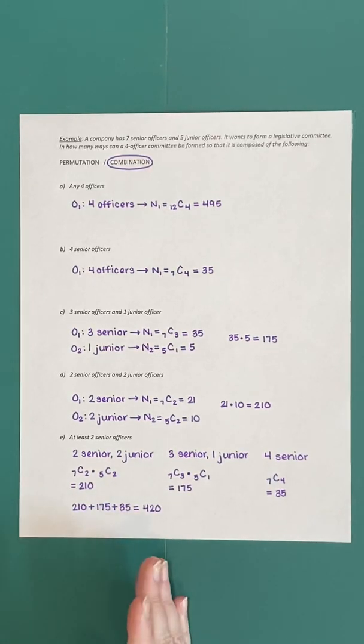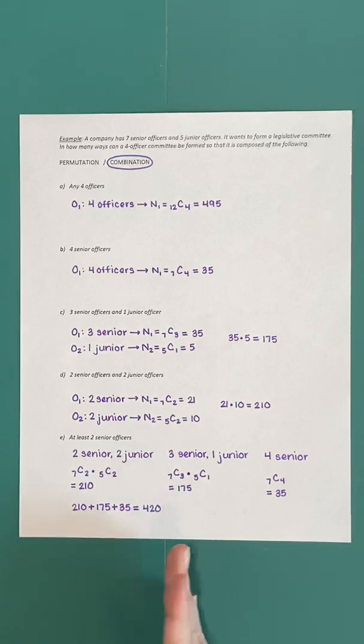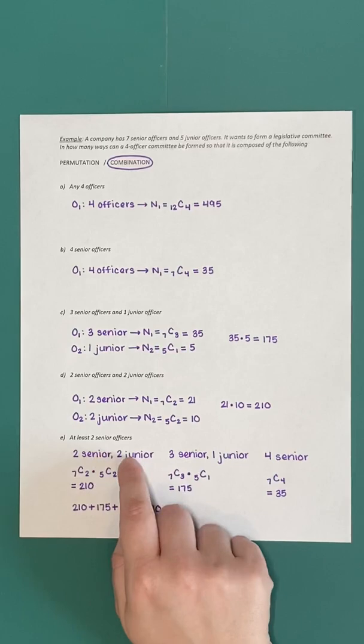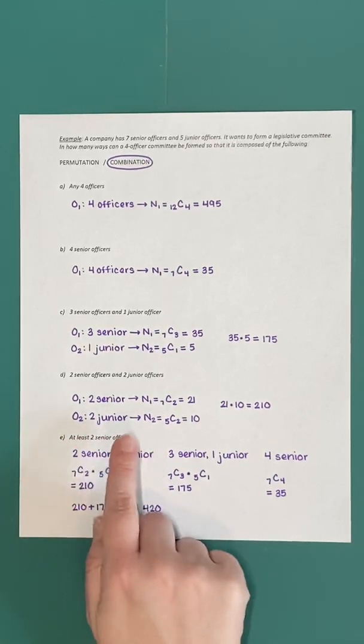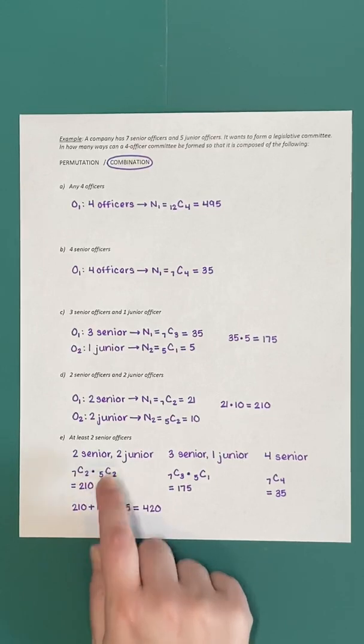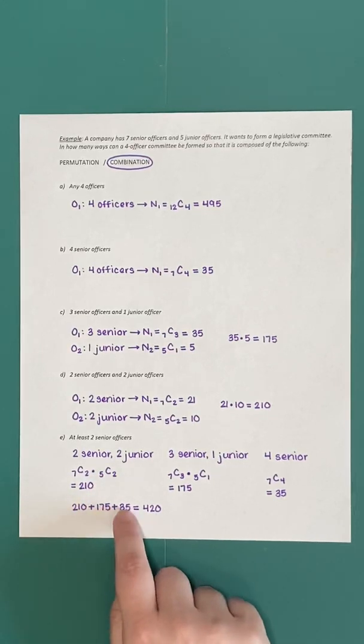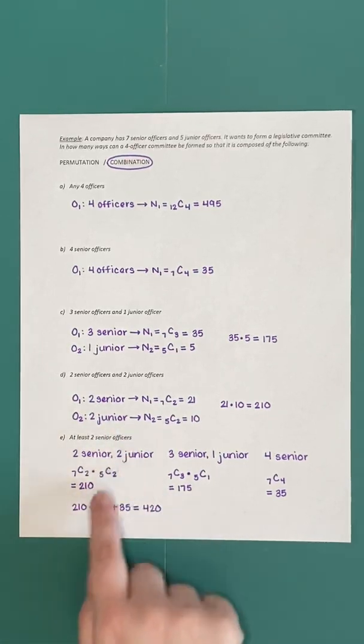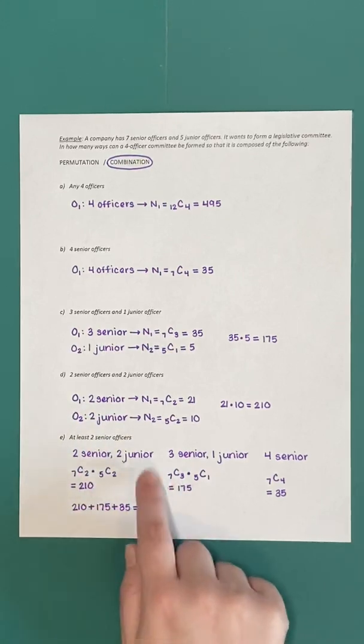So again, why did we not multiply these together? Multiplication implies that we're doing all 3 things at the same time. We're making these choices at the same time. We're choosing 2 seniors and 2 juniors at the same time, and somehow these go together. That's when we multiply. Each of these different subtotals comes from one different combination of choices.